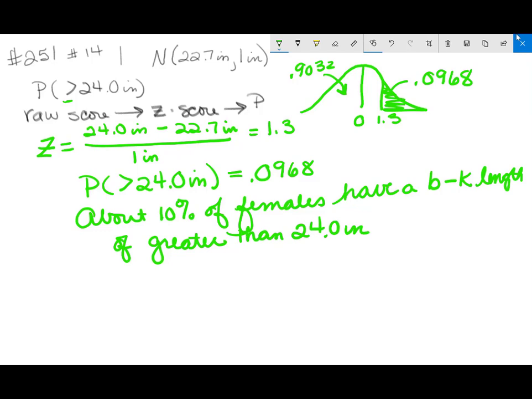Okay, that makes sense. Now let's do number 16 on that same page. This time we want to find the probability that a male has a back to knee length X less than 24 inches but greater than 22 inches.